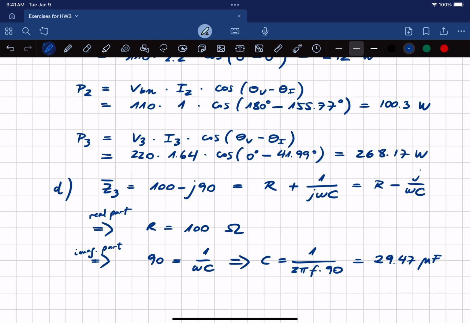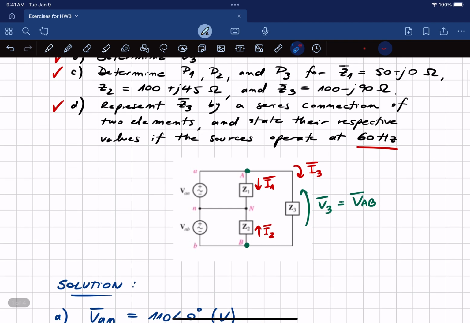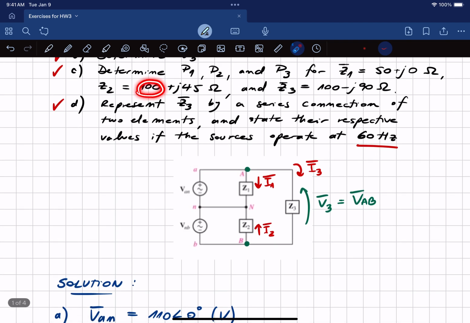That's it. Again, the same way would apply for any other load. For example, Z2. Z2 is a real part plus an imaginary part. So this thing must come from an R plus J omega L circuit. Must come from that.